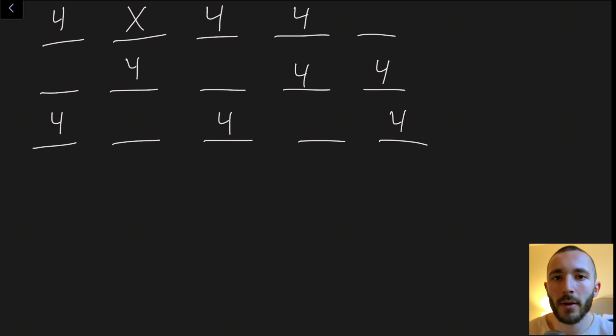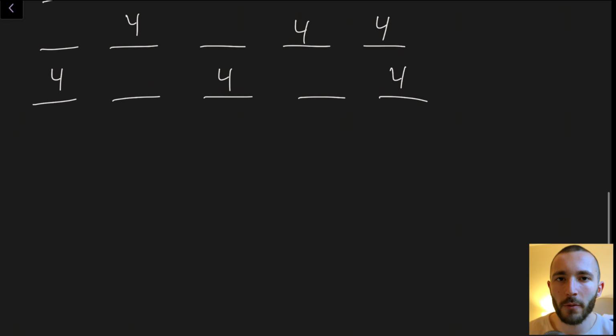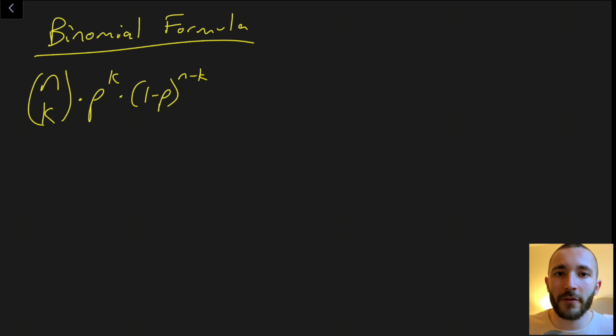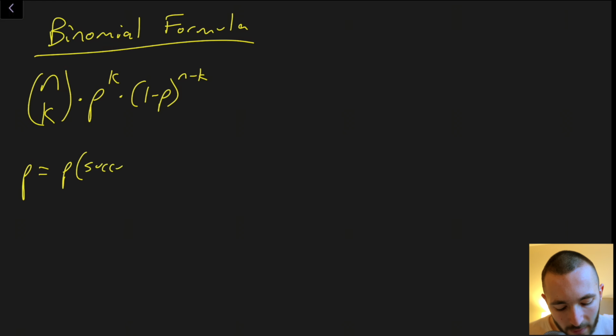Now what I want to do is show the formula for the binomial distribution and show how it actually makes sense based on the work that we just did and how it actually explains the entire process that we just completed. So in order to understand this formula, we need to understand what P is, what N is, and what K is. P is probability of success. And in our case, that is 1/6.